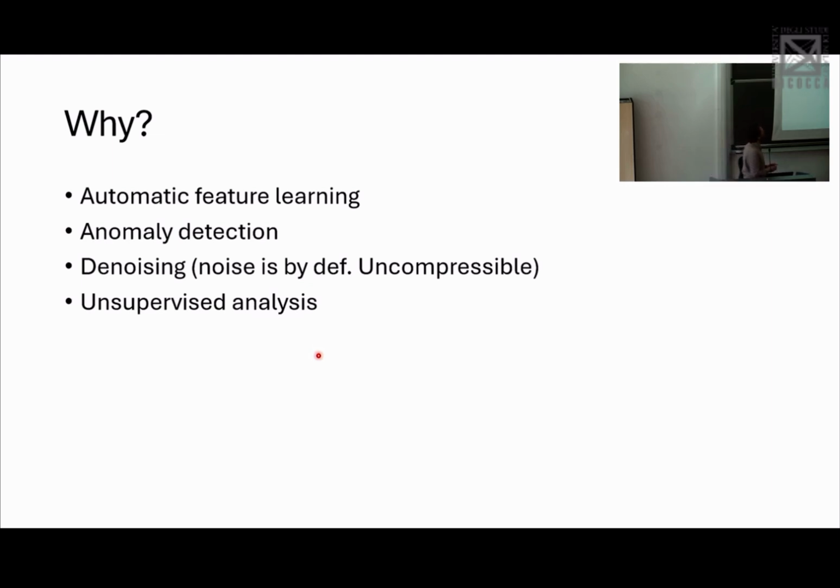So it's automatic feature learning. You know that images are full of features, but if you want to hard code a way to extract some features from an image, it's super difficult to do. If you have your universal approximator, this convolutional neural network in this case, and you just train this autoencoder, it will do it automatically.